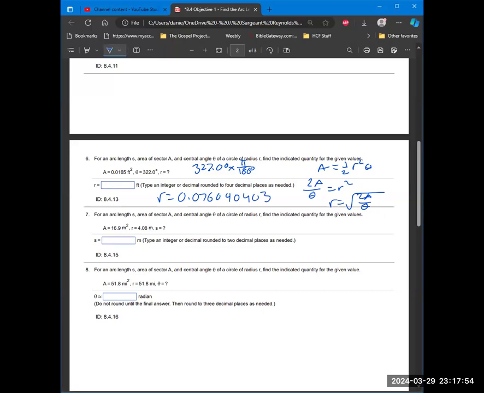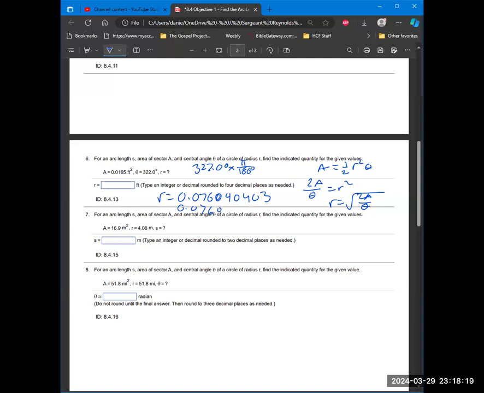And we want to round that to the 4th decimal place, and they got a slightly different answer than me because they had rounded and rounded and rounded. So I got 0.0760.